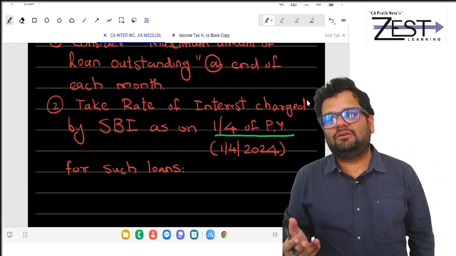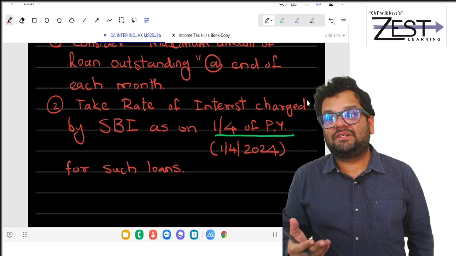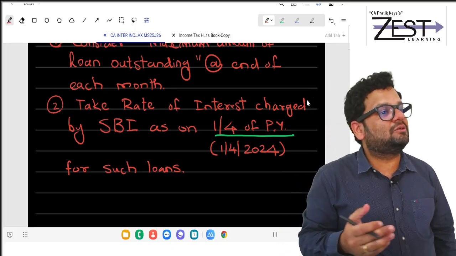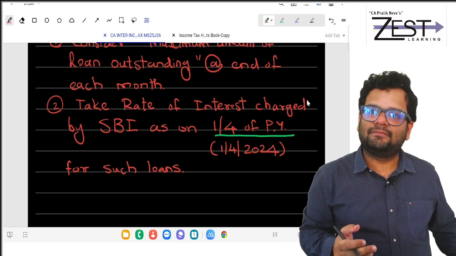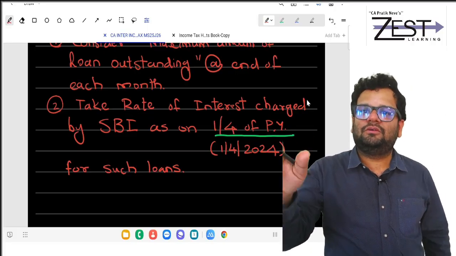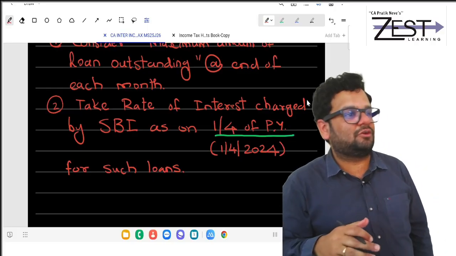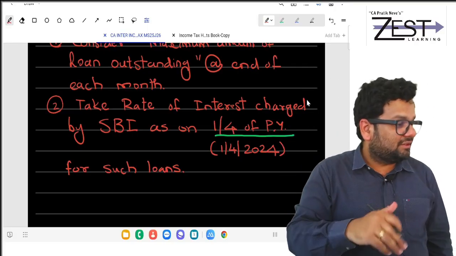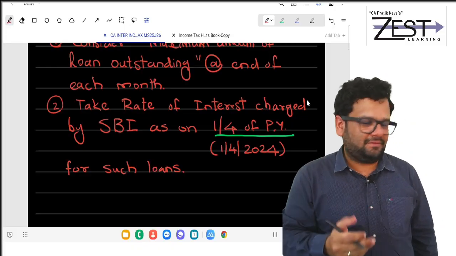If it's a car loan, what is the rate of interest charged by SBI for car loans? If it is a housing loan, what is the rate charged by SBI for such housing loans? If it's a personal loan, then accordingly.